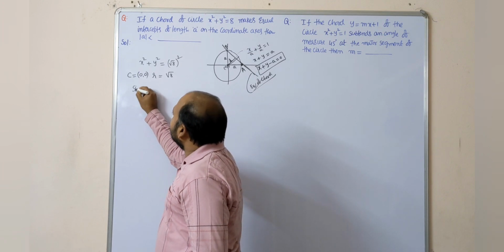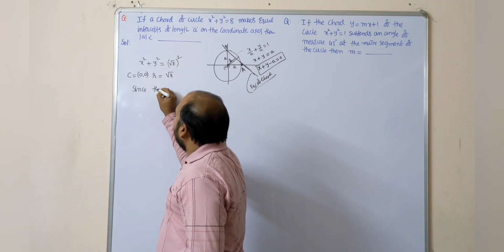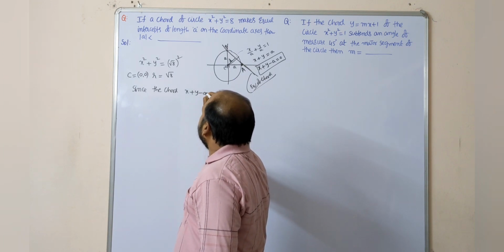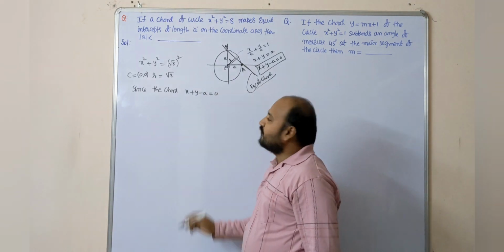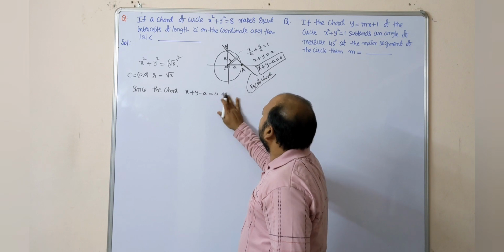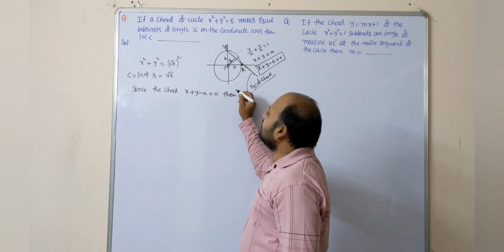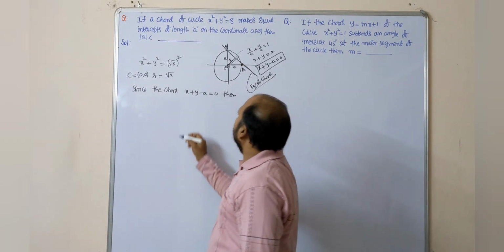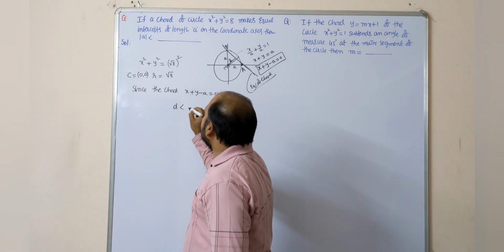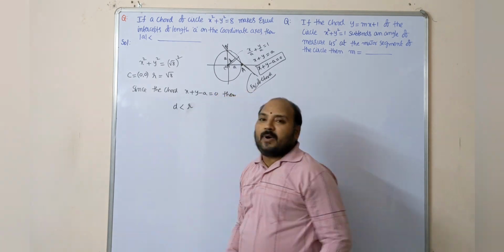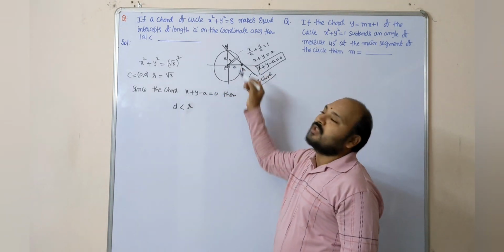Since the chord x plus y minus a equal to 0 cuts the circle in two different points, then d is less than the radius. What is d? The perpendicular distance from origin to the line.